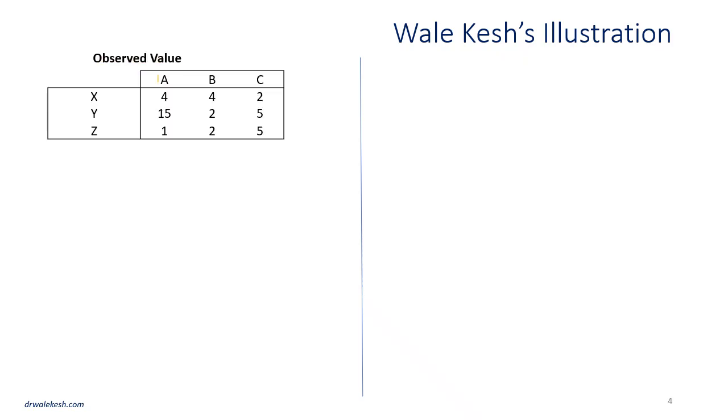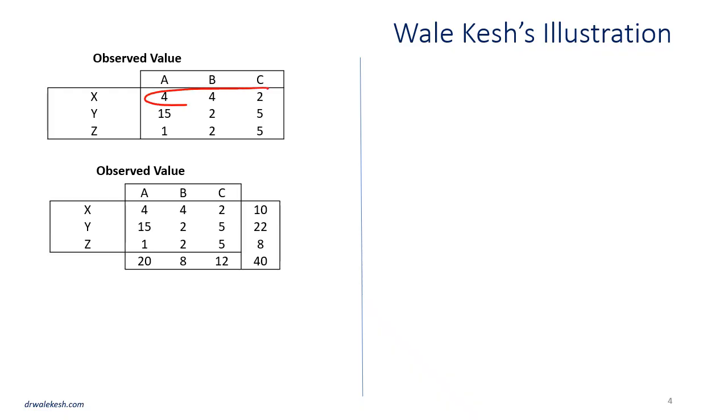Let's imagine this is one classification and this is another classification. So we were given this on the exam day. The first thing we need to do is to add them across board.